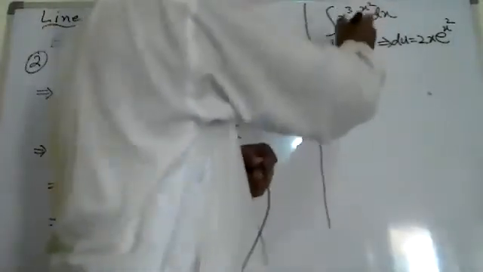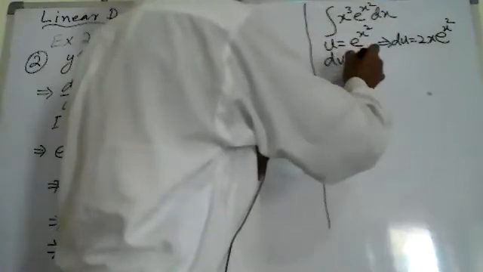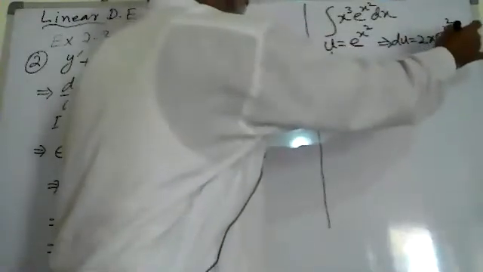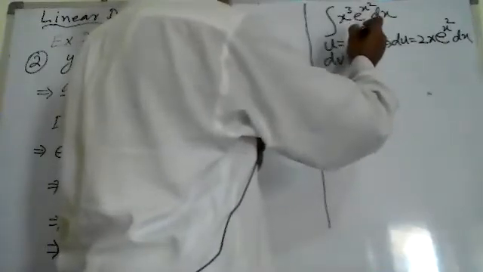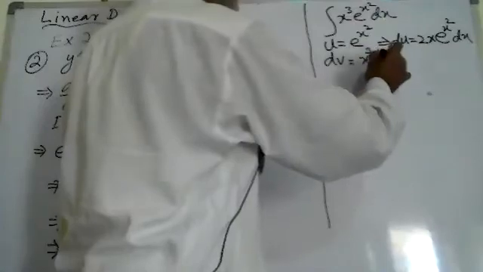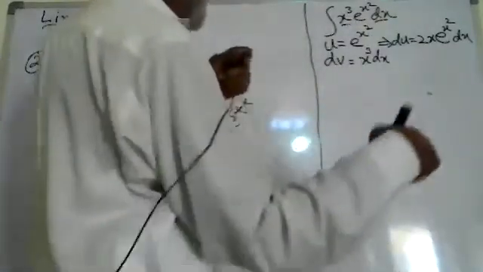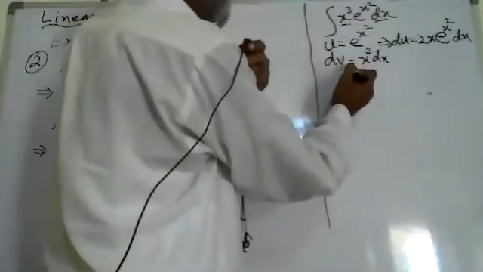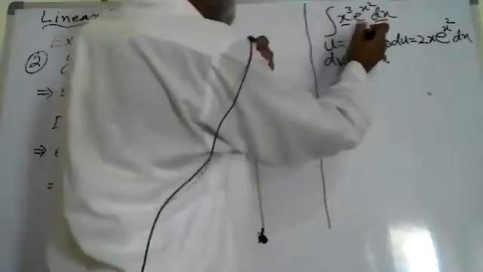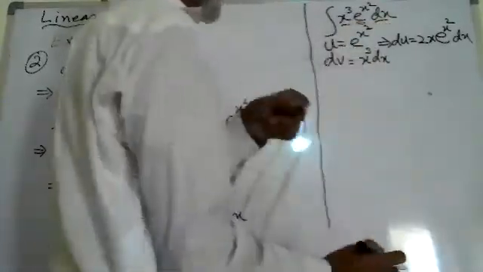Then x cube dx will be considered as dv. dv is equal to x cube dx. X cube dx is considered as dv and e raised to power x square is considered as u.